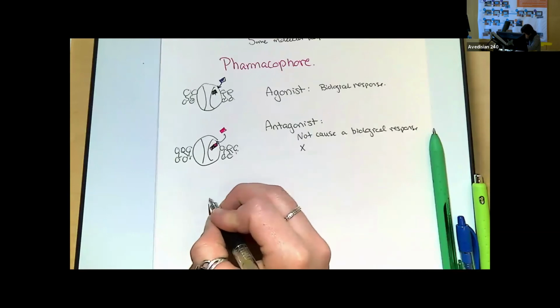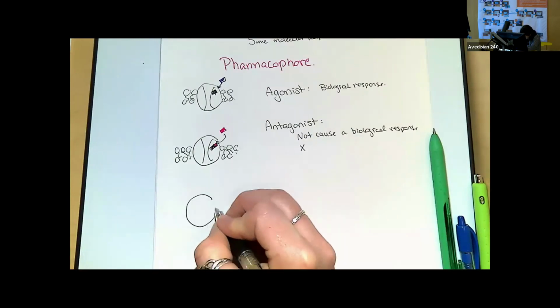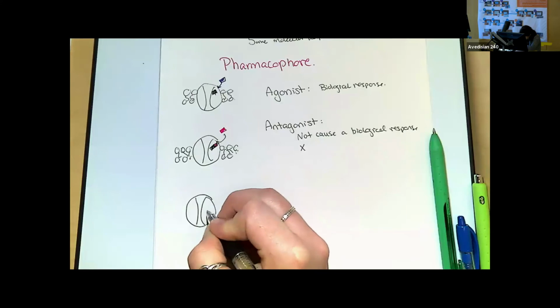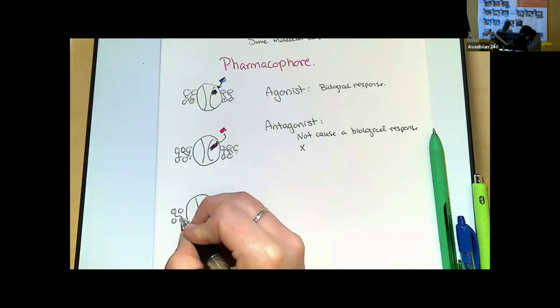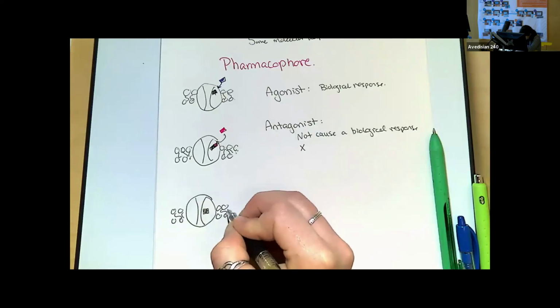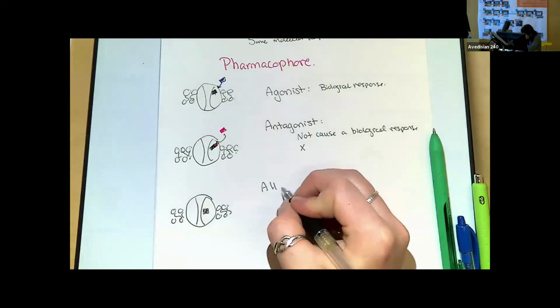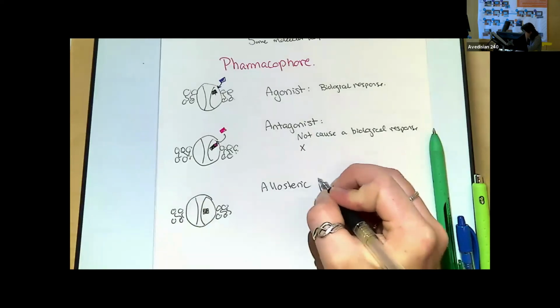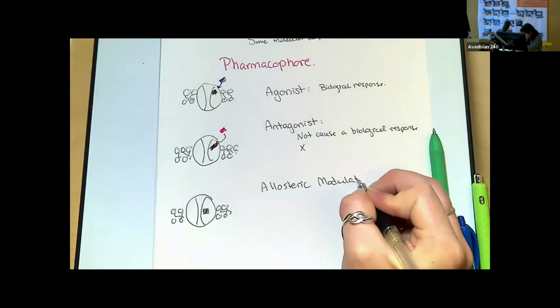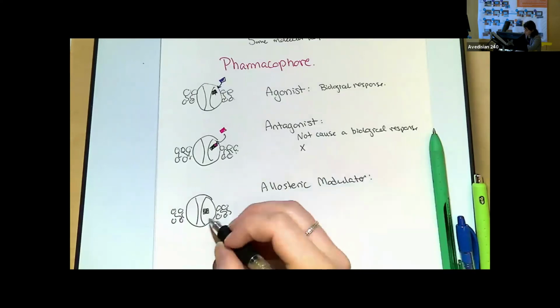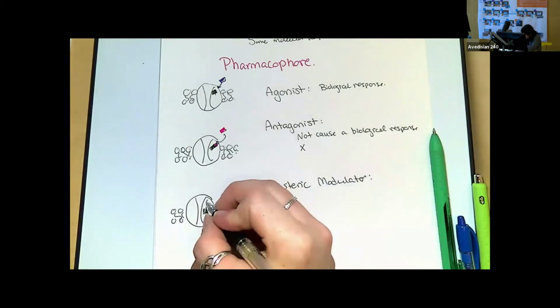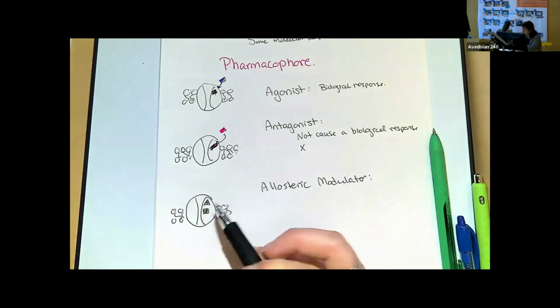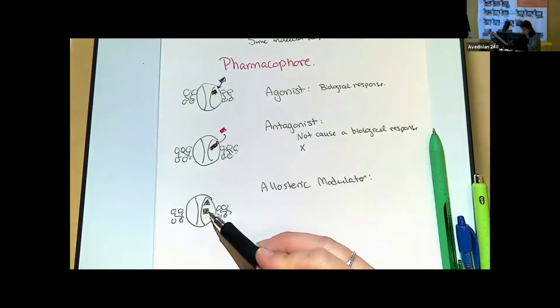And then our last example is going to be called an allosteric modulator. So here again, we have the site that we know things like THC and anandamide can bind to.